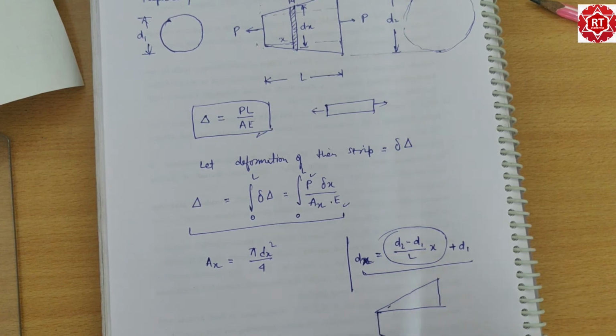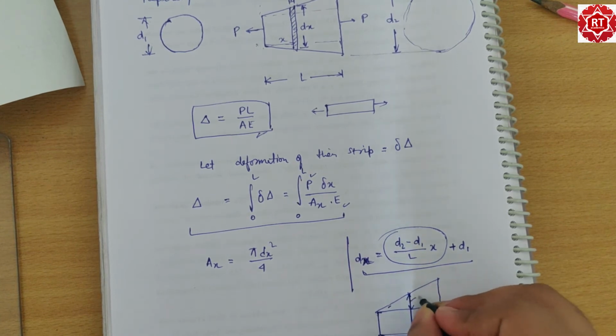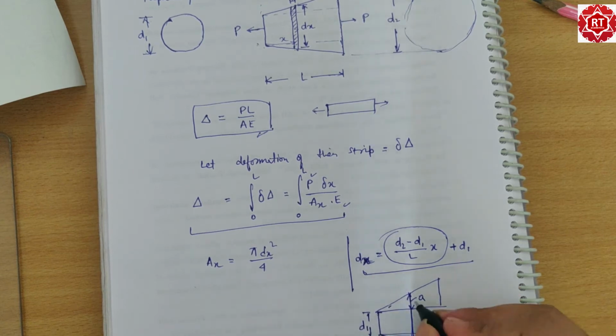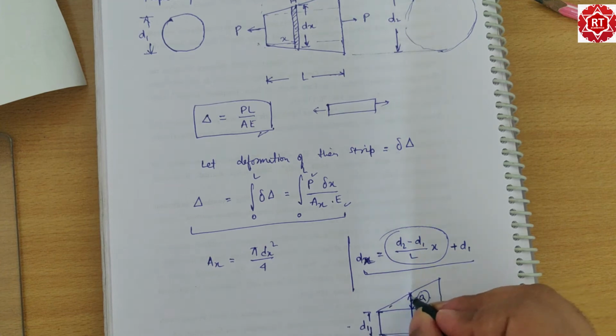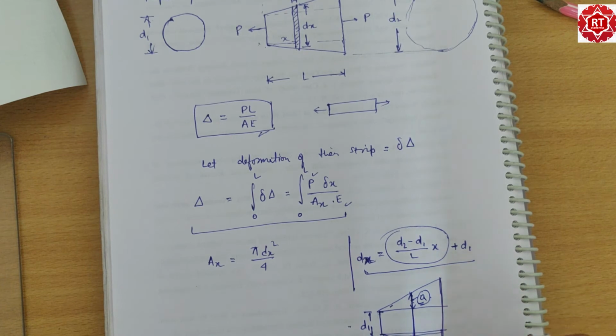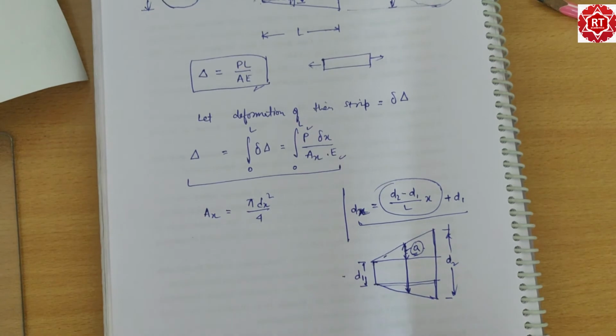Suppose I have to find dx, and if I can calculate this portion, whose length is a, and the length of this is d1, which I already know, then I can take twice this portion and add d1 to get the whole diameter at a distance x. And this is d2. So this is the picture.